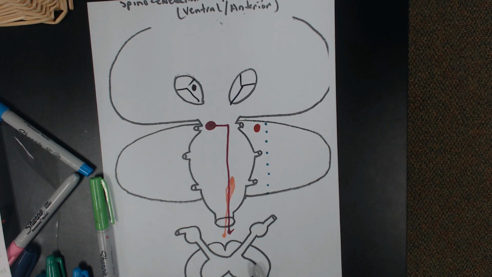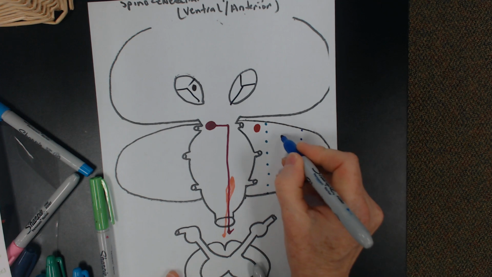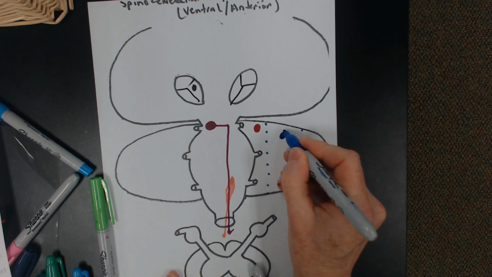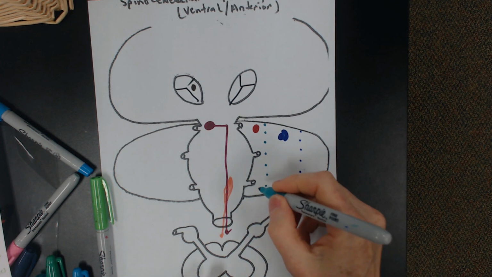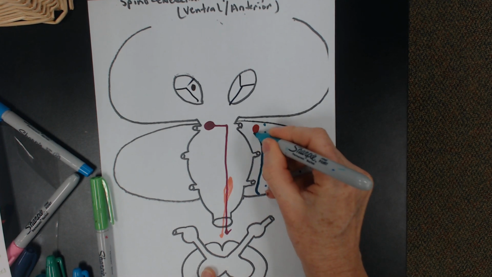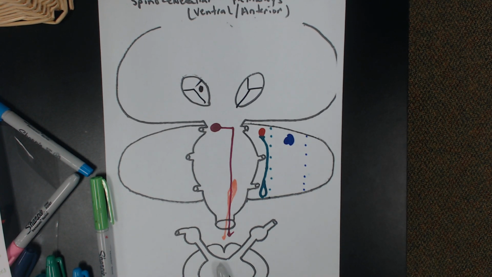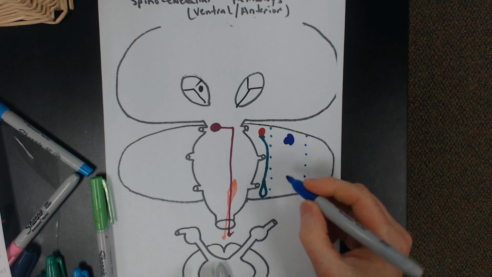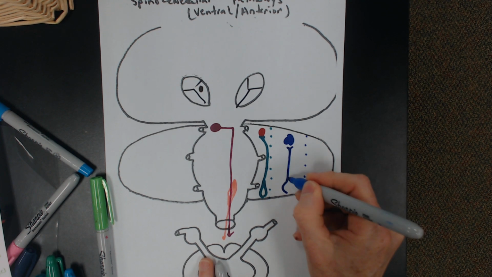Here's your paravermal region, and its deep cerebellar nucleus is going to be your interposed nucleus. No changes. And here in the vermal region we have our Purkinje cell that's hooked up to the vestigial nucleus. And then in the paravermal region we have another Purkinje cell that's hooked up to our deep cerebellar nucleus.